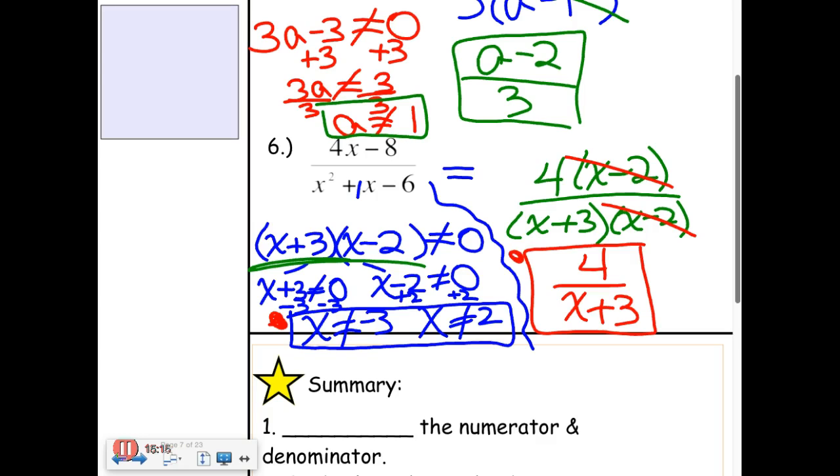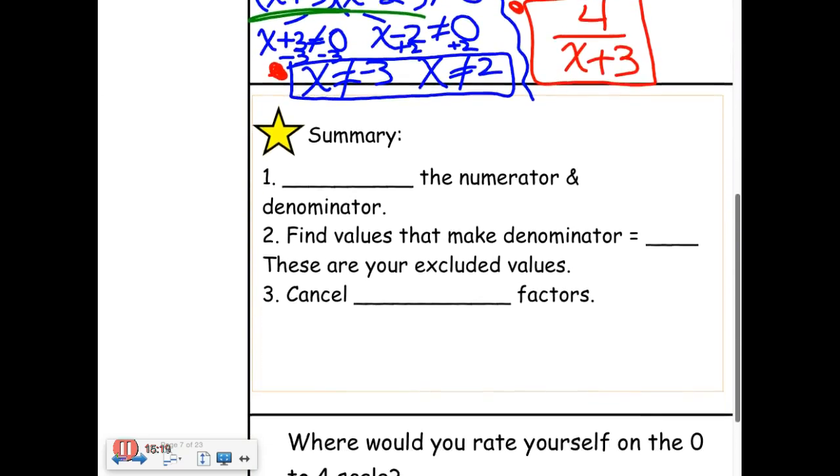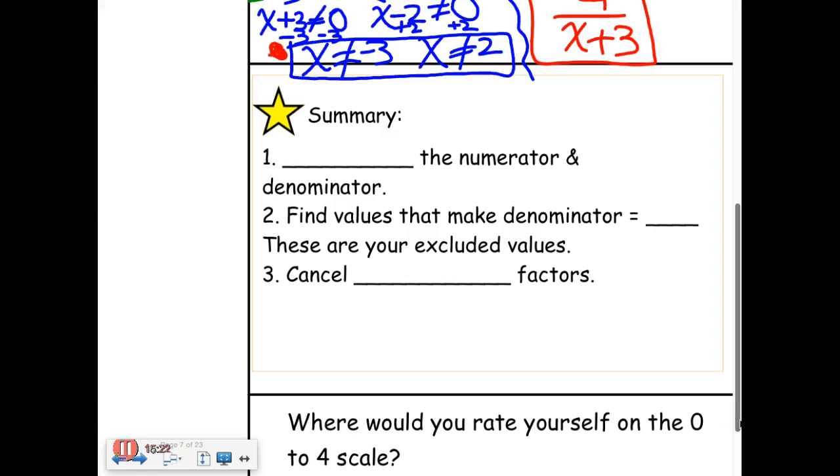Okay. Let's summarize real quick. We have some things that we did here today. So our first blank, the first thing that we are going to do, like always, is factor. And reminder, sometimes factoring might include just finding your GCF. Okay. Second thing that we did, you have to find values that make the denominator equal to 0.